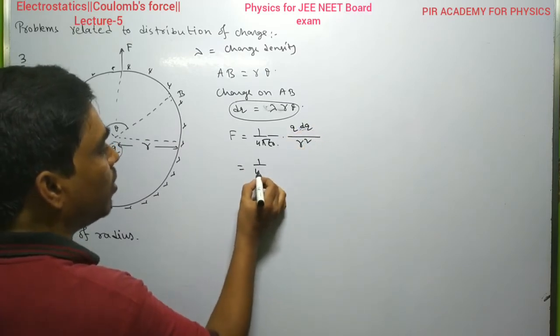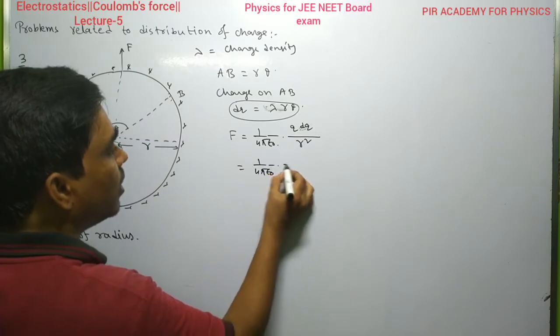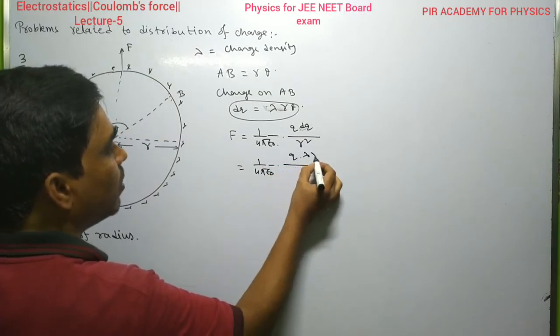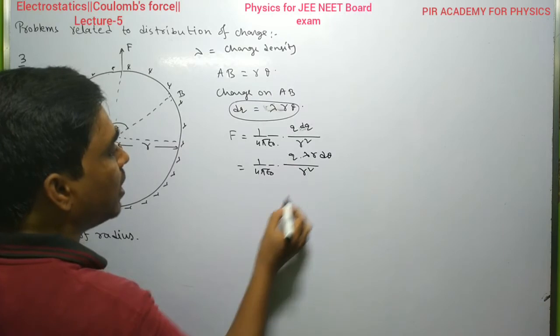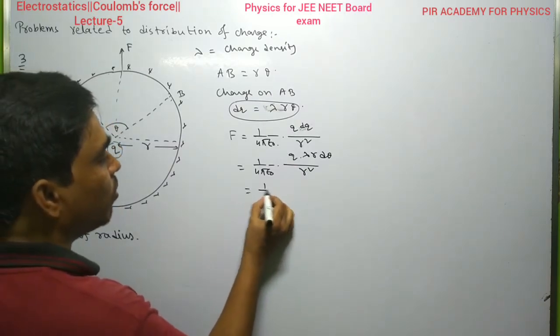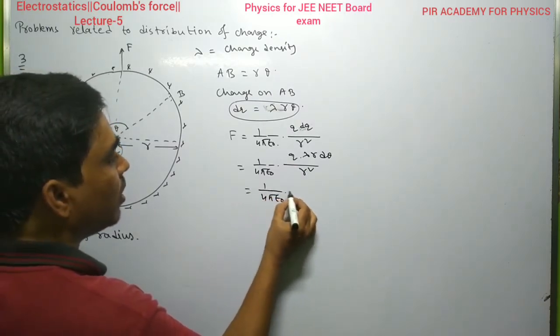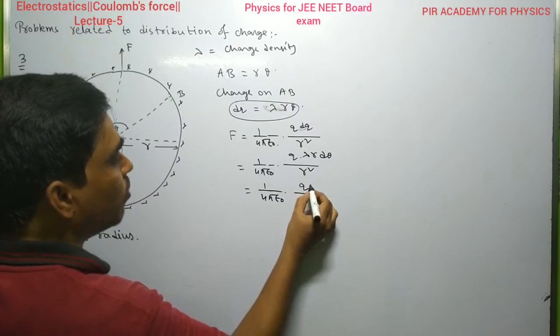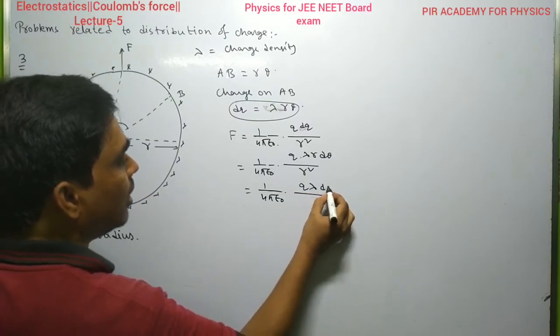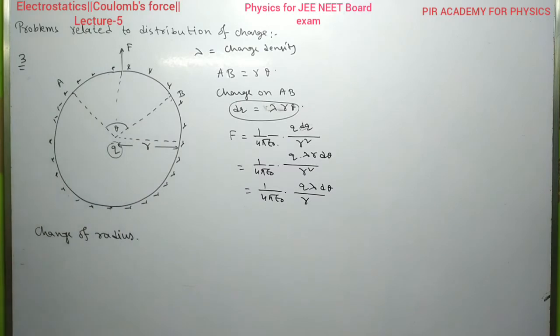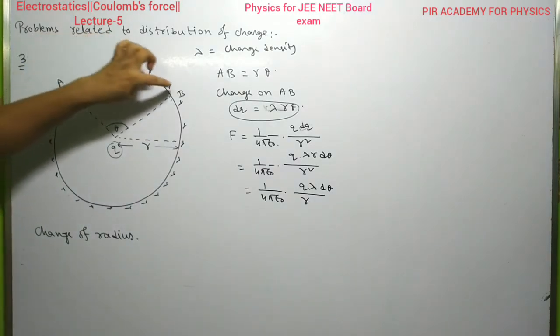Then it will be 1 by 4 pi epsilon naught into q lambda r dθ divided by r square, so it will be 1 by 4 pi epsilon naught into q lambda dθ by r. This is the force on this portion.